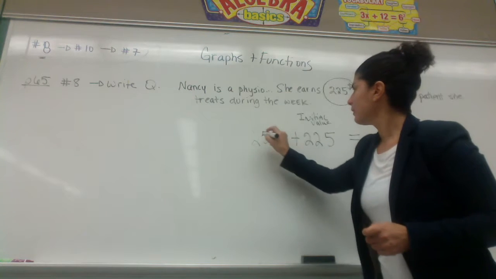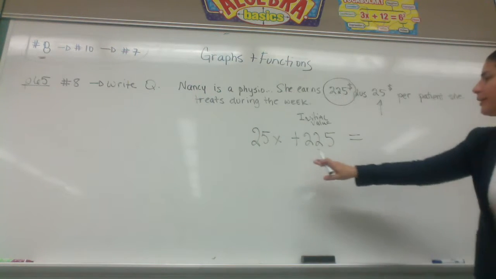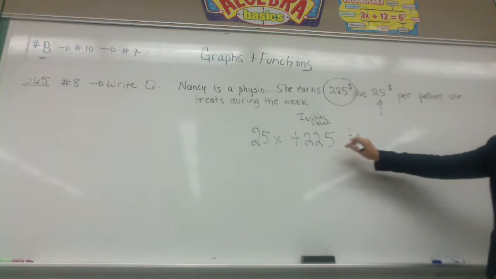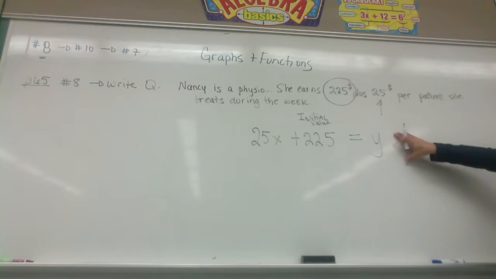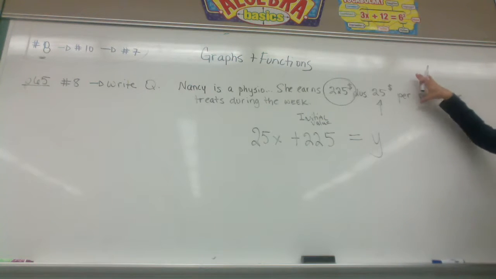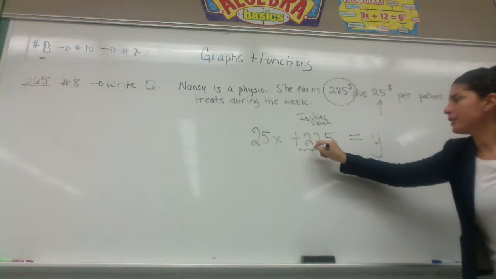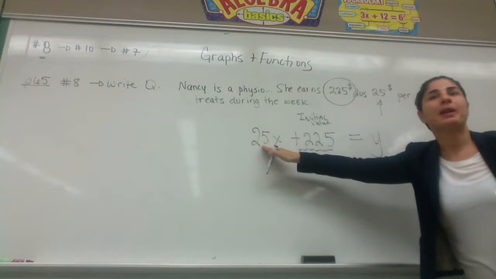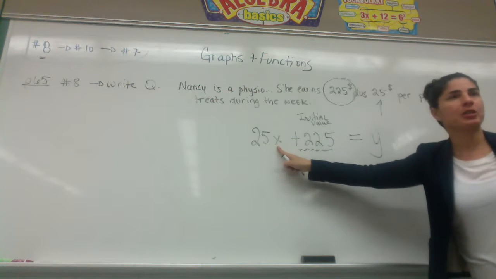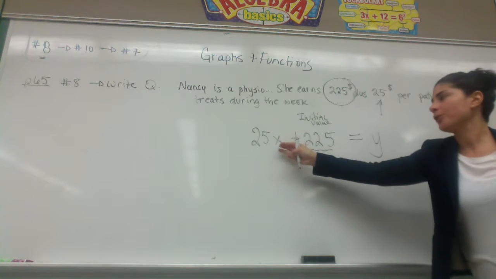Now I know my marker is a little light. 25x plus 225 equals y. I have now found the rule from this word problem. This is the initial value. This changes depending on if I have 1 patient, 2 patients, 3 patients.